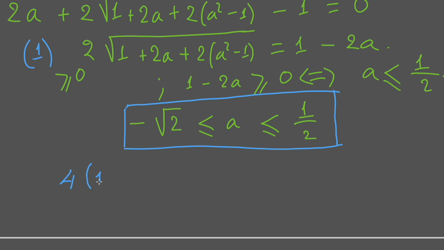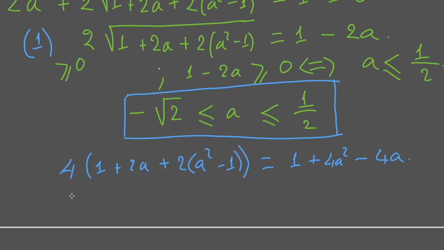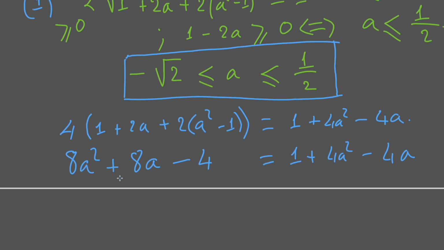We have 4 times 1 plus 2a plus 2a squared minus 1 equal to 1 plus 4a squared minus 4a. Simplifying this equation, sorry, this should be minus 4, and equal to 1 plus 4a squared minus 4a.